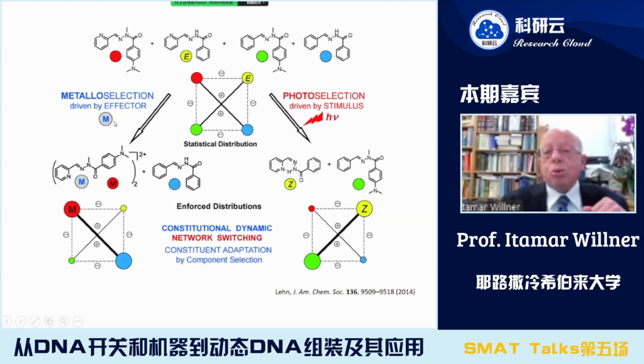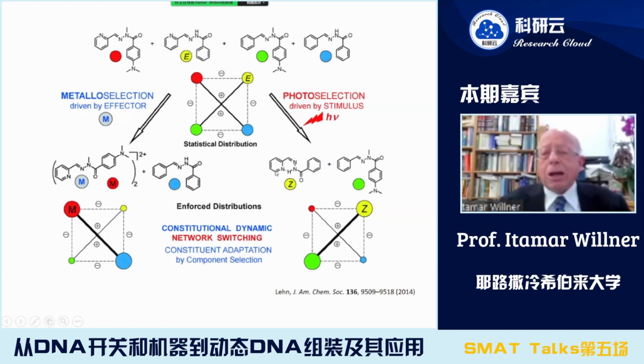But let's say that instead of metal ions, we take this network and we shine light on it. This trans-imine bond will isomerize under light condition to the cis state. In the cis state, the green constituent will be stabilized by hydrogen bonds here.